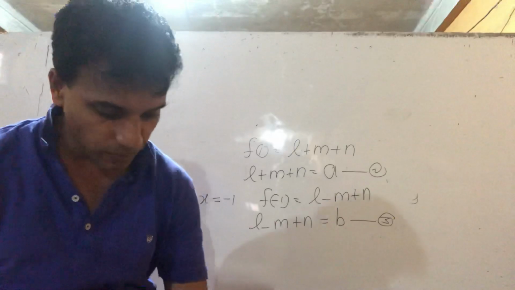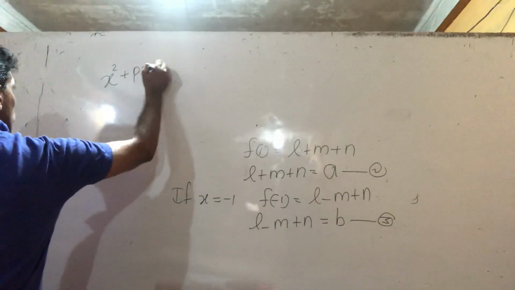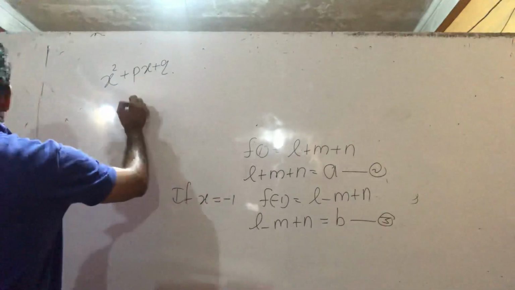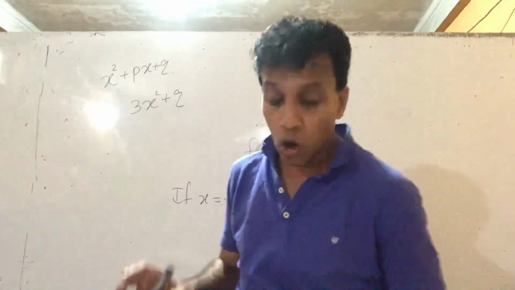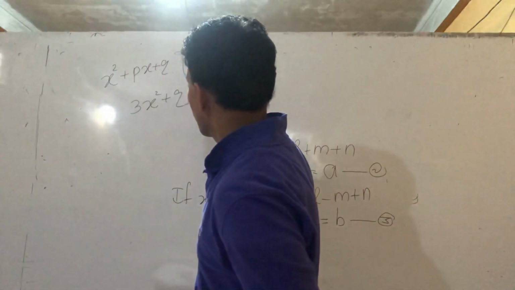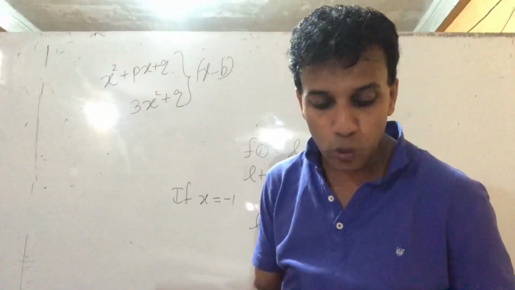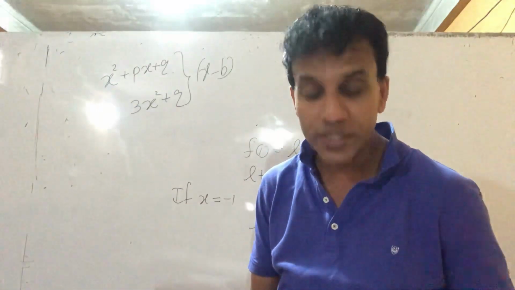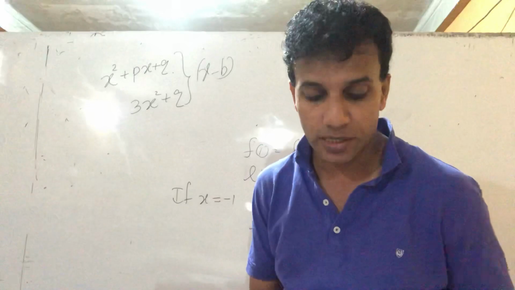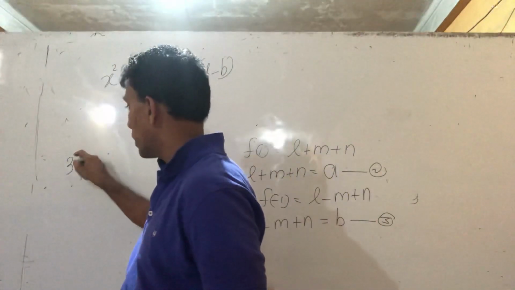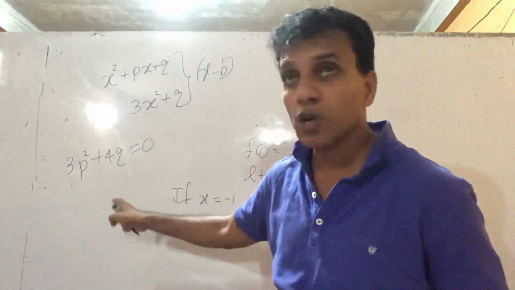Given that x squared plus px plus q and 3x squared plus q have a common factor, x minus b, where p, q and b are non-zero constants. Show that 3p squared plus 4q equals 0.